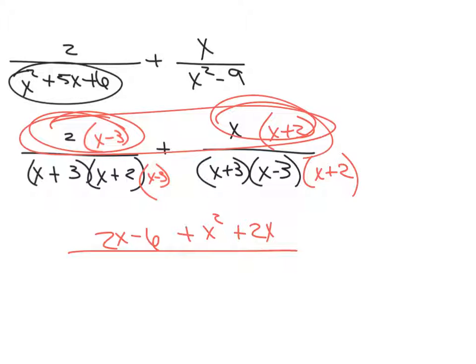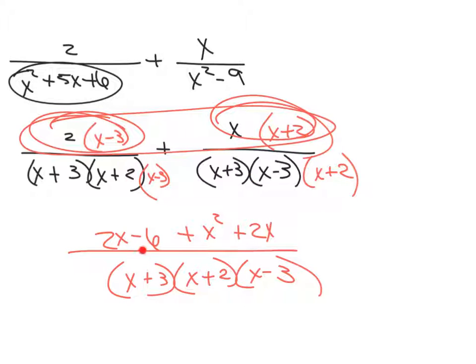And in the bottom, I have x plus 3, x plus 2, and x minus 3. Now notice, because my denominators are now the same, I can write it as one fraction with that one common denominator here. Now let's see what we can do with that.